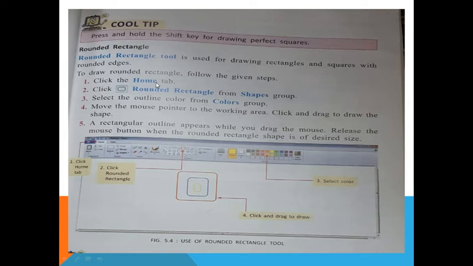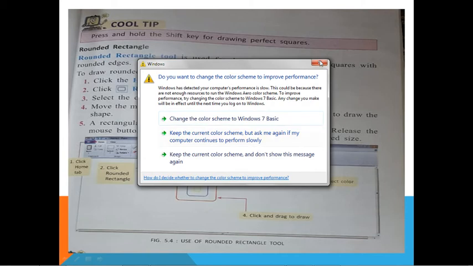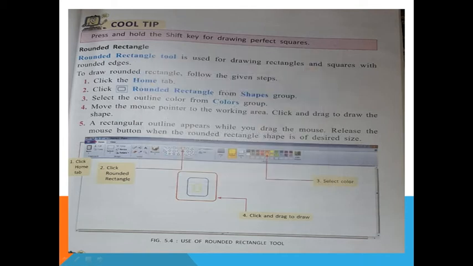A rectangular outline appears while you are drawing. Drag the mouse, and release the mouse button when the rounded rectangle shape is of the desired size. Okay, it's so easy.